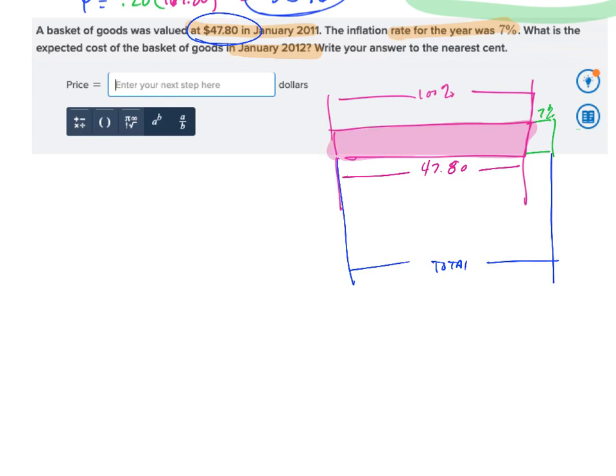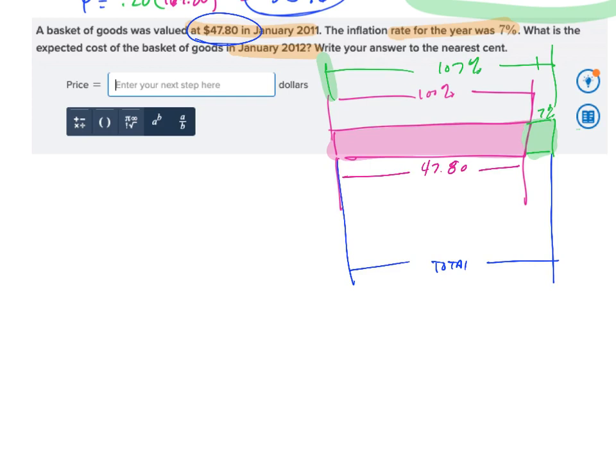We're going to add on 7% inflation, which means things got more expensive. After inflation, we're going to pay 107%, because 100 plus 7 is 107.